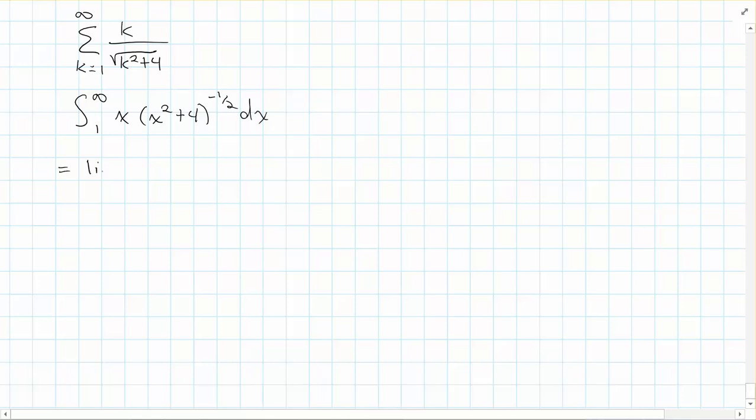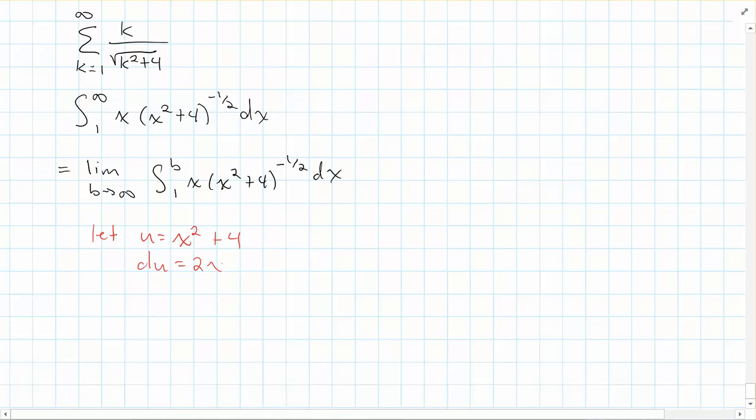which is going to be the limit as b goes to infinity of the integral from 1 to b of x times x squared plus 4 to the negative 1/2 dx. Now I'm going to have to do a u substitution on it, so we'll let u equal x squared plus 4. du would be then 2x dx, so I'd have 1/2 du is equal to x dx.